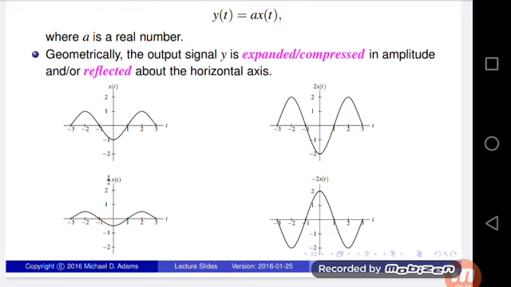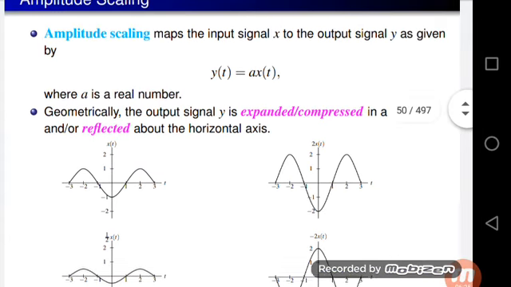Because when we change the sign of the signal, indicating positive and negative signs, the signal will be reflected. So the signal can be compressed, expanded, and reflected. Comparing these four signals, we see clear information on signal compression, expansion, and reflection.